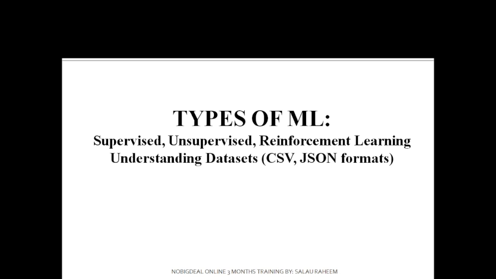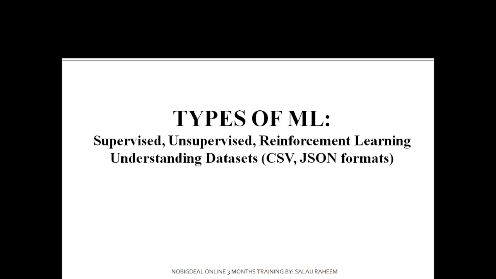The best example of reinforcement learning is when we're training a robot to walk or to play a game like chess. Under this type of ML, we use an algorithm called Q-learning, and we use Deep Q Network too.